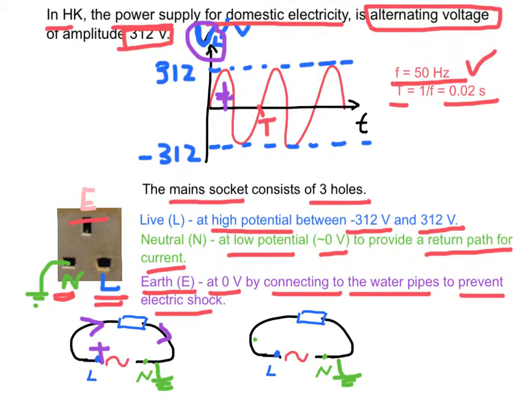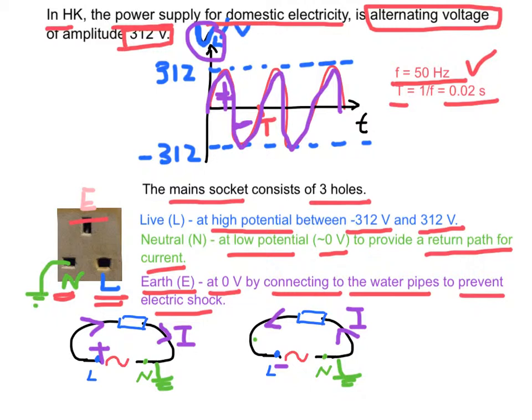In the second half cycle, the potential of the live wire is negative. Hence, electric current flows from the neutral wire to the live hole through the electrical appliance, that is, from right to left. Notice that the current I changes its values from time to time since the voltage is changing from time to time. So the direction of current changes from time to time.